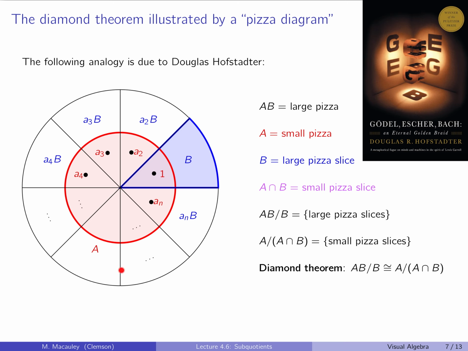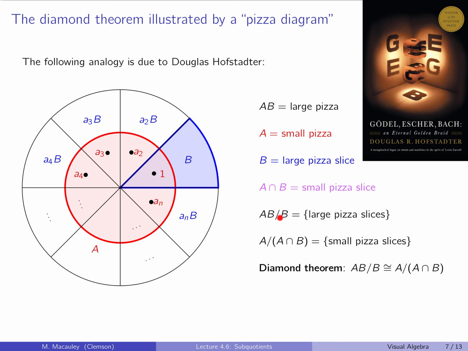So this thing, I don't think I should have to explain why it's called a pizza diagram, but it's kind of a schematic that you have 2 groups. One of them is A, and it's given by this pizza, and B is this pizza slice. So the intersection is this smaller pizza slice, A intersect B. And the diamond theorem says that, if you think of these slices as cosets, AB mod B, first of all, A times B is this big pizza.